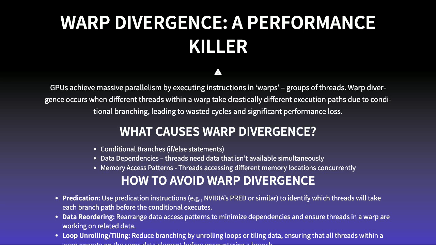It's like having a whole team doing entirely different tasks simultaneously and inefficiently. To avoid this, you can use techniques like predication, where you tell the GPU beforehand which threads are going to take each branch. Reordering your data and loop unrolling can also help by making sure threads within a warp work on related information, minimizing those branching issues.